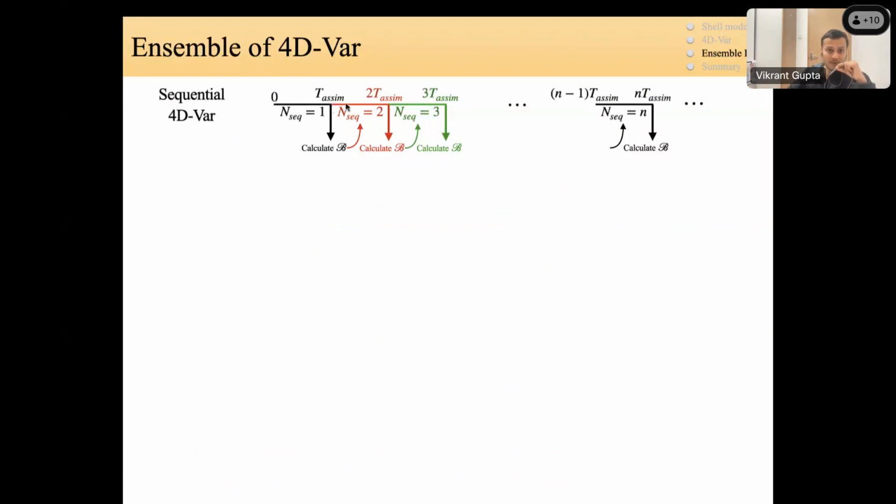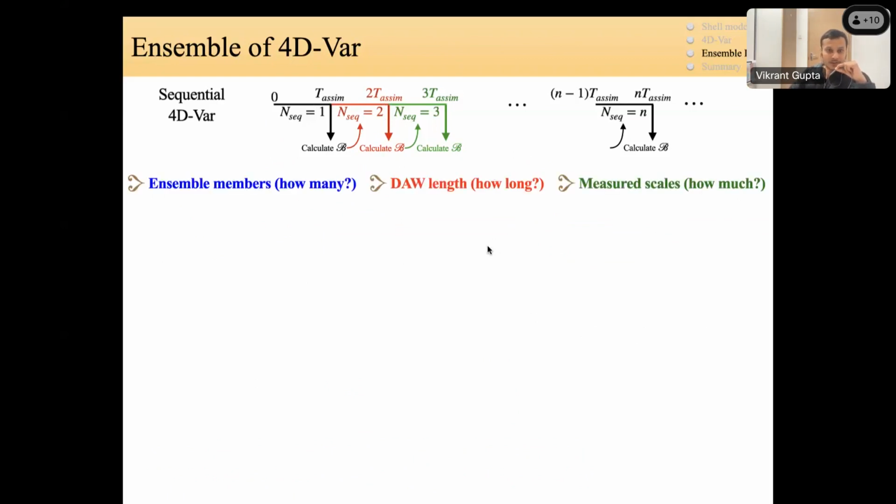We perform 4D VAR in one assimilation window from 0 to TSM. At the end of this assimilation window, we calculate the background information using the ensemble members. This background information is then fed into sequence number 2, where we again perform the assimilation in the same window length, and so on and so forth we go on.